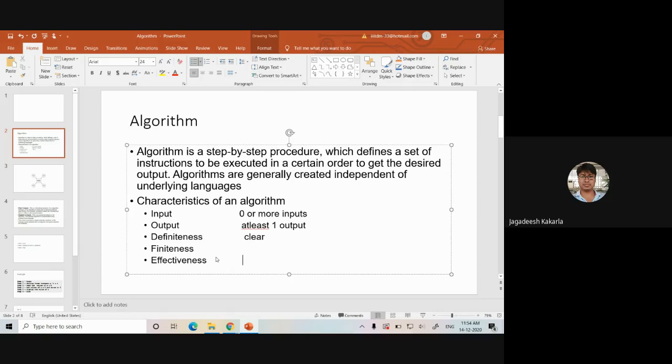You purchase the vegetables for 150 rupees, and with 50 rupees you have purchased the dairy milk. Then what will your mother do? She will scold you. Why did you waste 50 rupees? Because she has given 200 rupees, and whatever the vegetable list she has given you, you purchased it for 150 rupees. Then 50 rupees you have to give back to her.